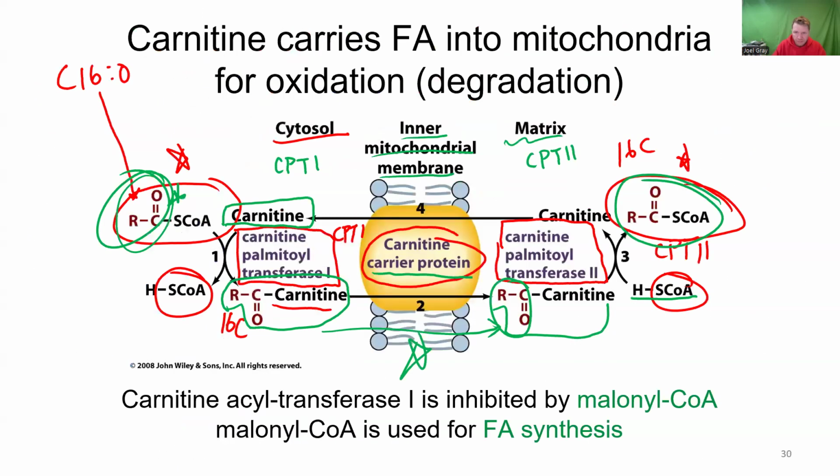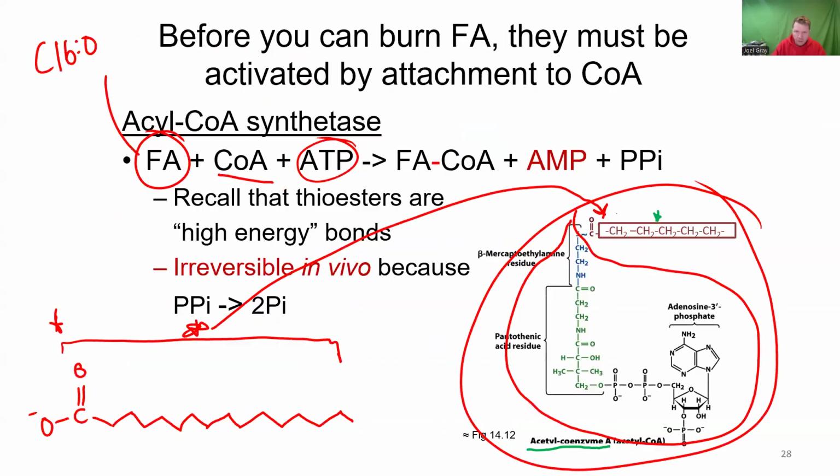Now, if we jump back a couple of slides, it is very common to look at this whole thing right here and simply identify that as CoA. So that whole structure, we don't have to know that structure. We don't have to memorize that structure or anything like that.